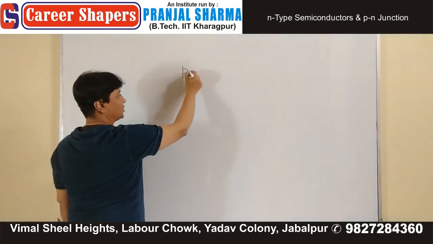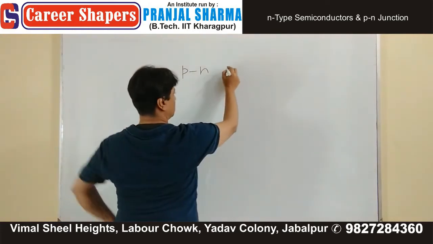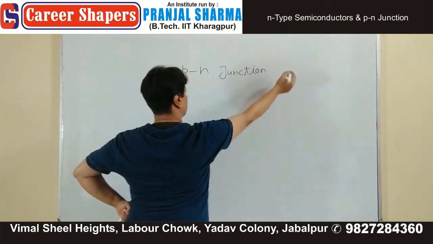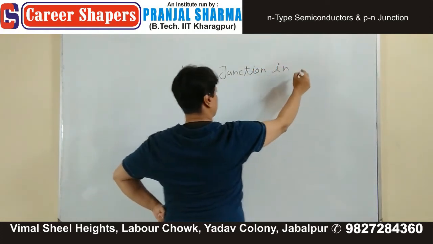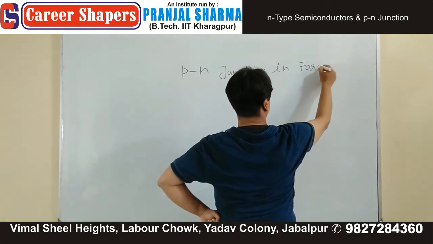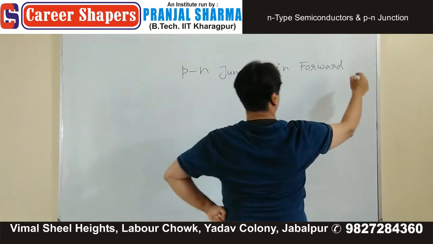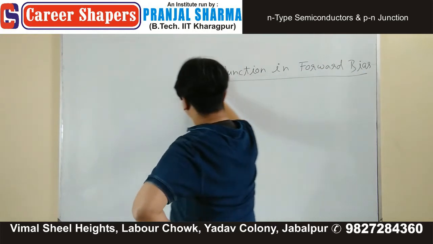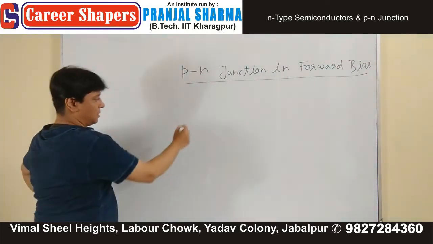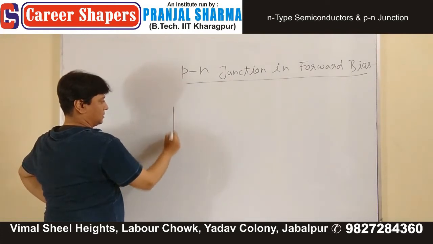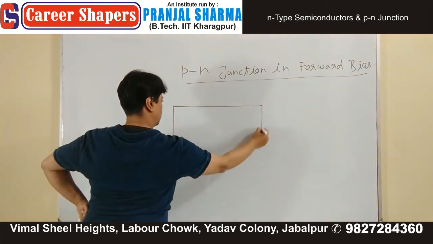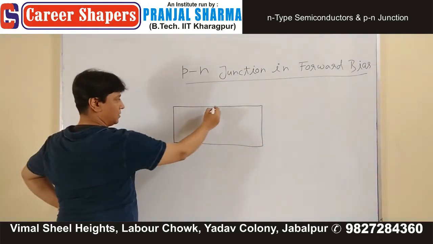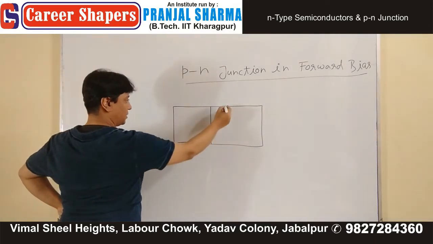Write down PN junction in forward bias. What is forward bias? This is your PN junction at equilibrium.